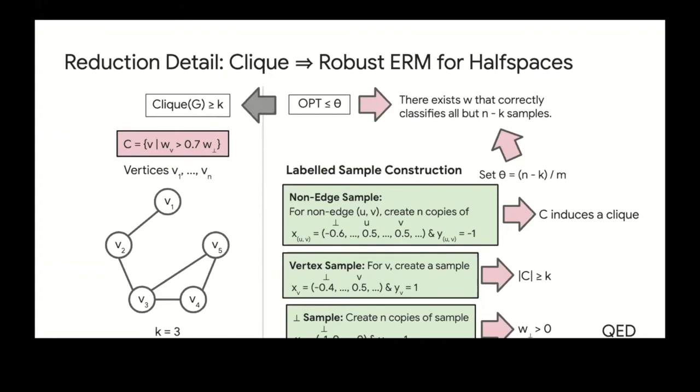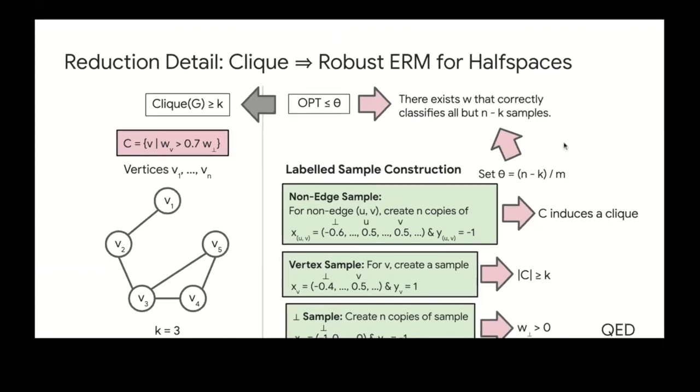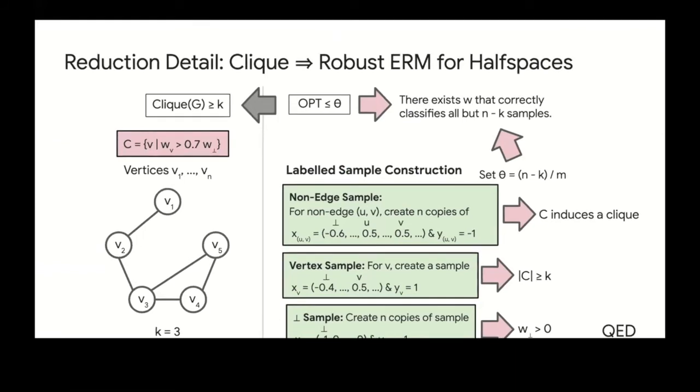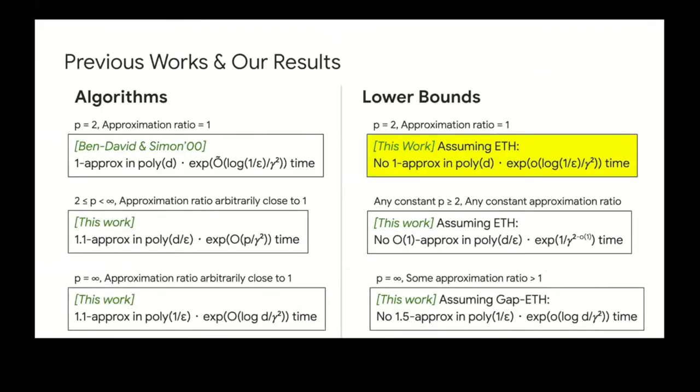Okay, so I have 12 minutes, so I will try to go over just a high-level overview of the other two reductions. For the second reduction, recall that here we want to show a lower bound of the form exponential in 1 over gamma squared, ignoring the lower order term, but we want an approximation ratio that can be any constant factor.